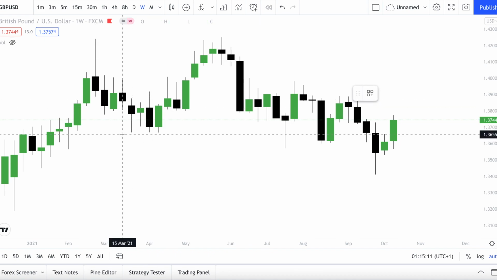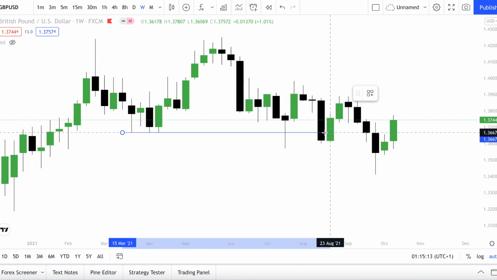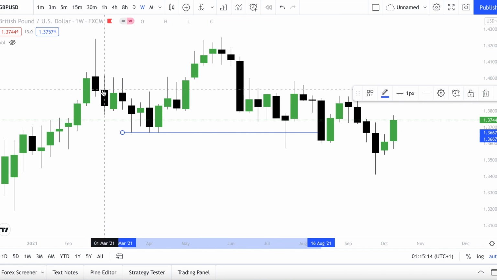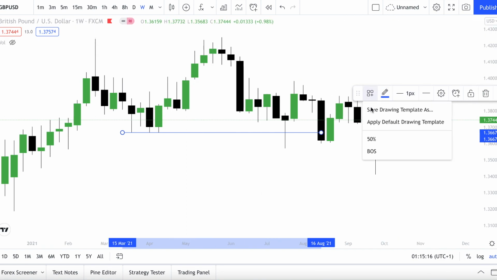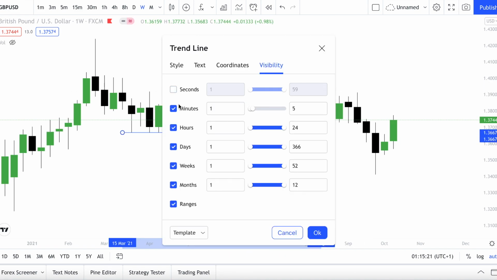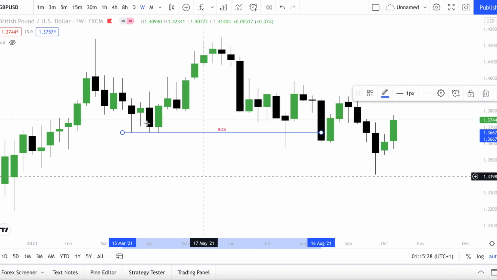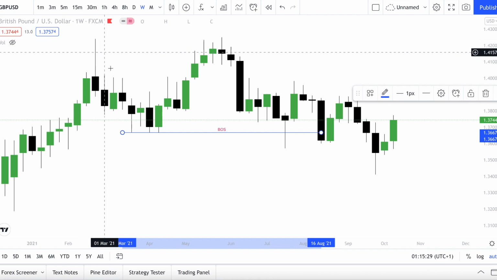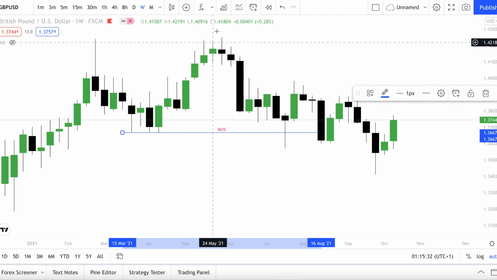So we're gonna see. Sorry. This is a breaking structure. So create this. Cool. And I'm gonna make sure it's only visible on weekly.